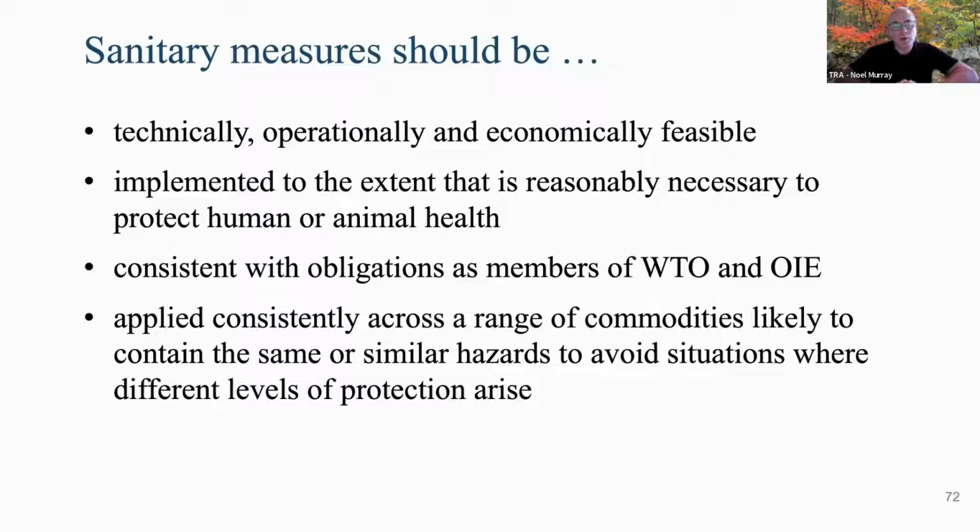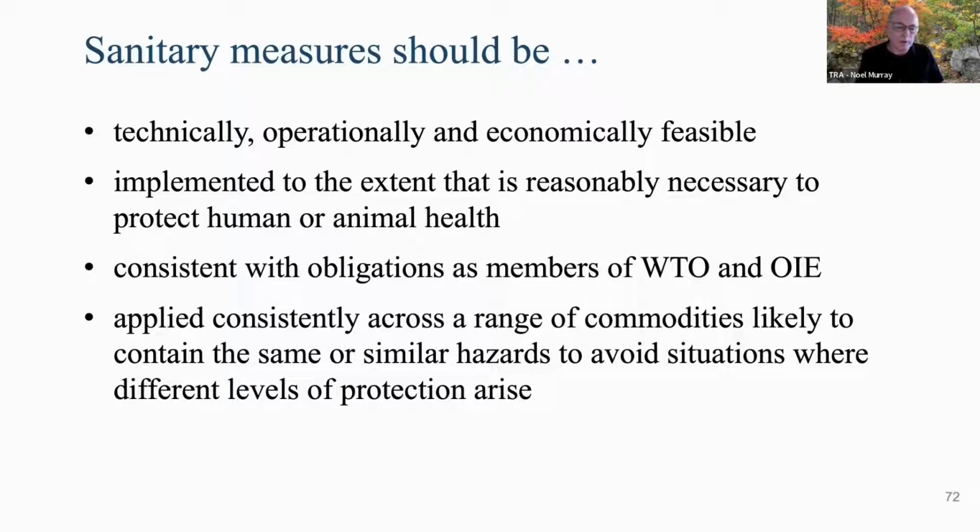Now, an example of that might be some years ago, Australia imposed a ban on importing wild-caught Pacific salmon from Canada, because of concern about a particular disease, Aeromonas salmonicida. And it turned out that that wasn't consistent across a range of commodities likely to contain the same or similar hazards, because Australia was allowing the importation of ornamental fish with no particular risk mitigation measures in place.